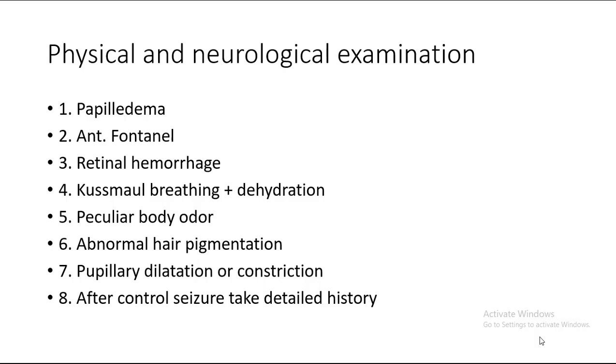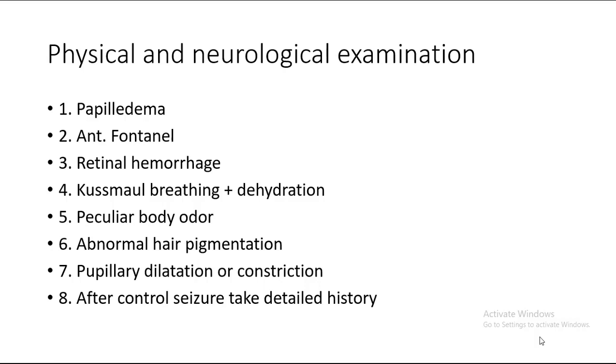Of course, we have to do physical and neurological examination. If the child stops seizing, we have to check everything in this child, specifically focusing on papilledema and whether the anterior fontanelle is bulged or not. If there is retinal hemorrhage, which may indicate intracranial hemorrhage causing the seizure. If there is Kussmaul breathing plus or minus dehydration, which may indicate acidosis, or a diabetic child with diabetic ketoacidosis.